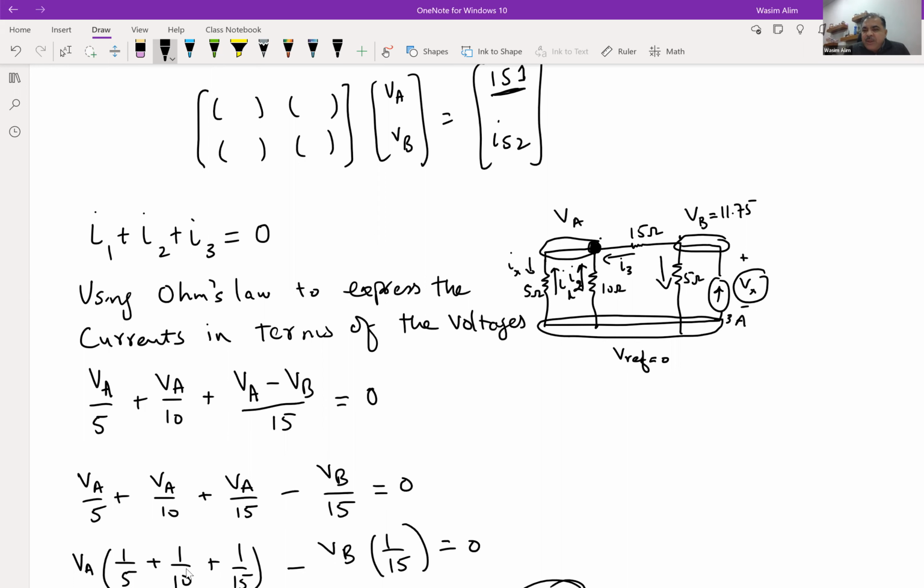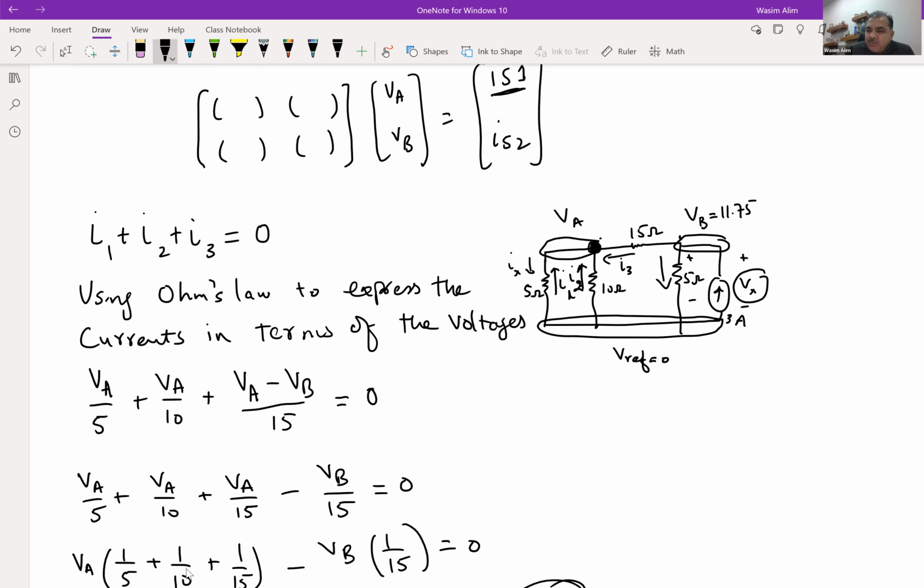The other way of looking at it is that I know that v sub b is across the 5 ohm resistor, which is the voltage here. So this is v sub b because it is directly going to the ground. Sometimes we can get a little bit confused by saying how can there be a voltage across a current source, but again, there is a voltage across a resistor. That's just commonly used, so there should be no confusion about that.